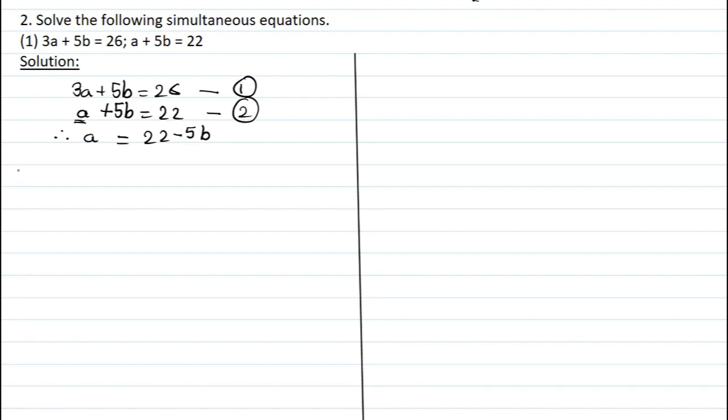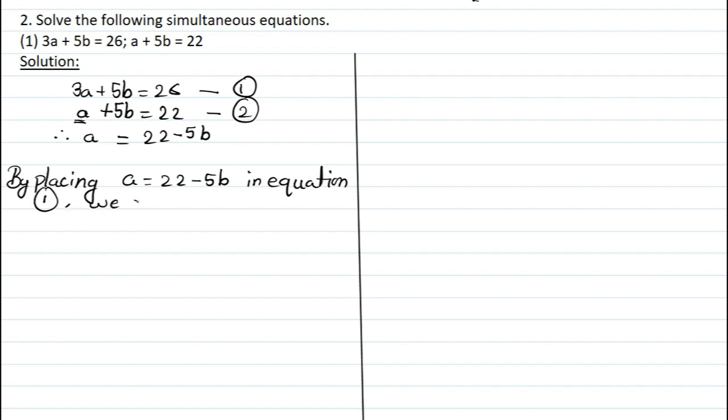And now by substituting a equals 22 minus 5b in equation 1, we get, what we will get. Instead of a, we are supposed to write this. So here 3a.